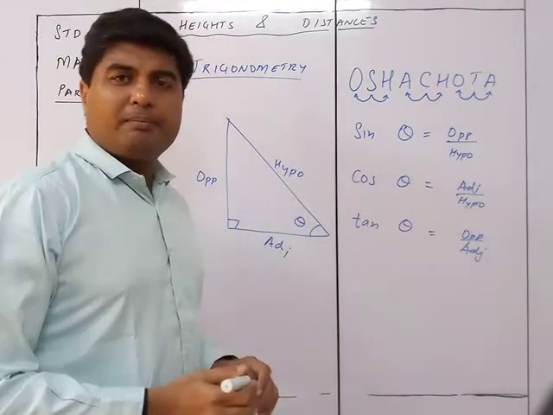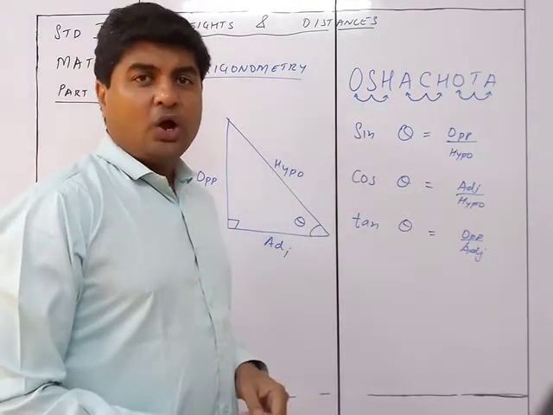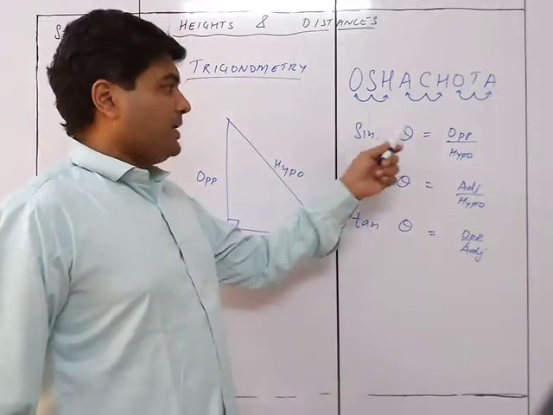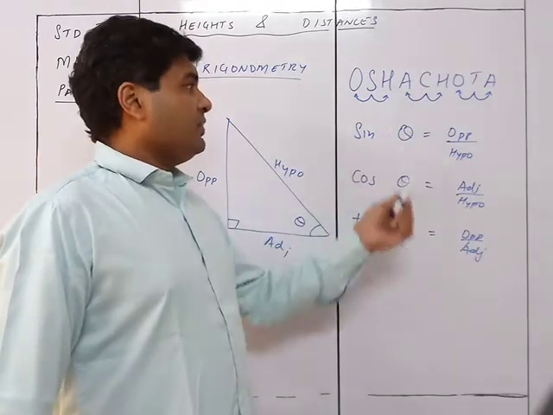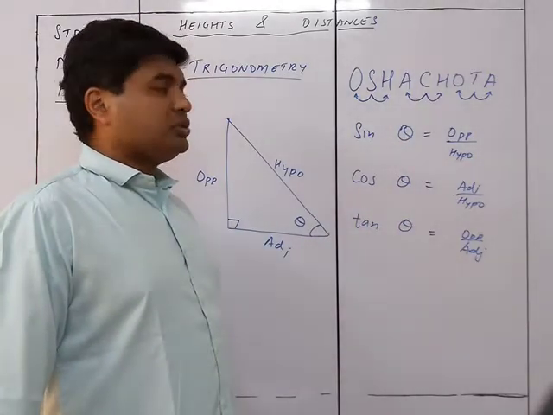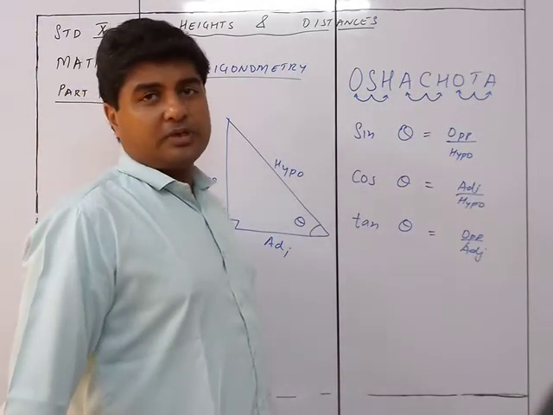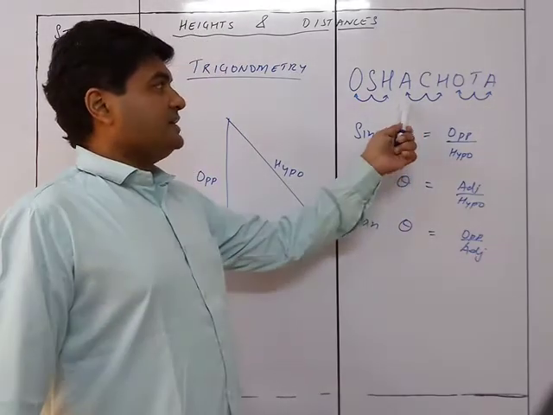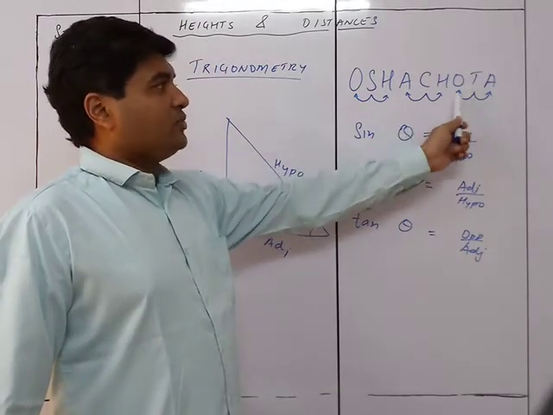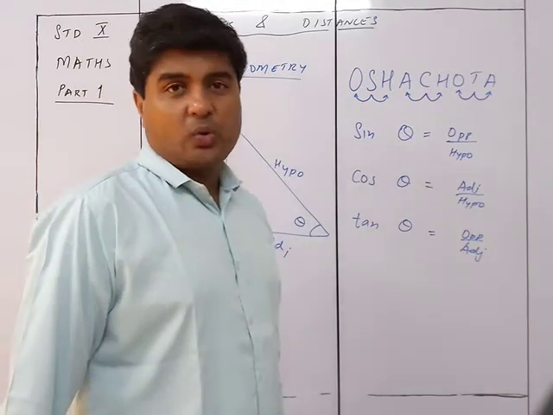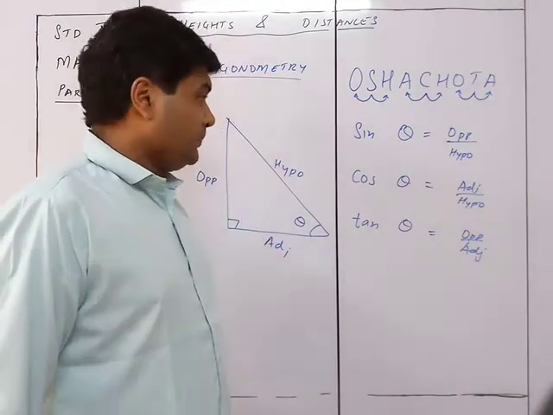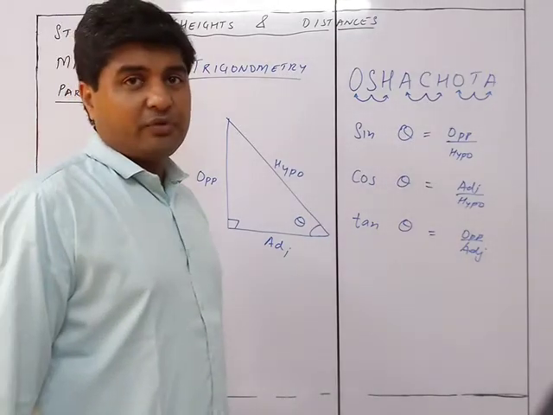So once you remember the word Osha Chota, automatically you are remembering these ratios by heart. These are the three ratios which we will require in this particular chapter for the applications of trigonometry.